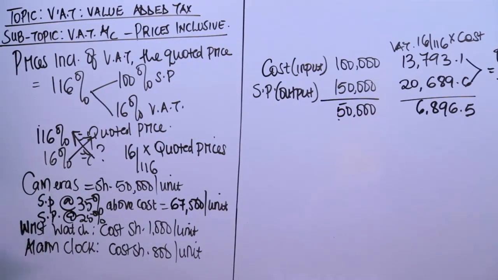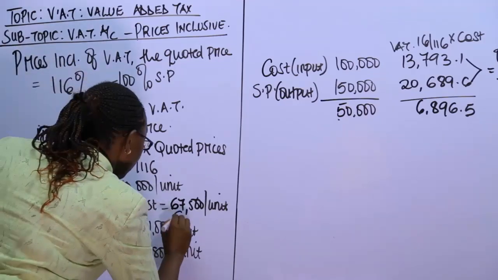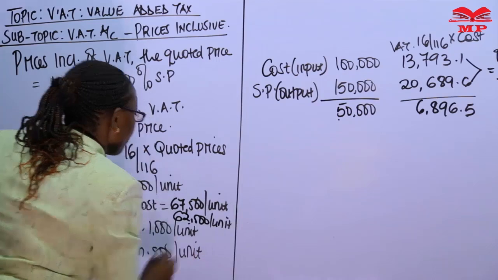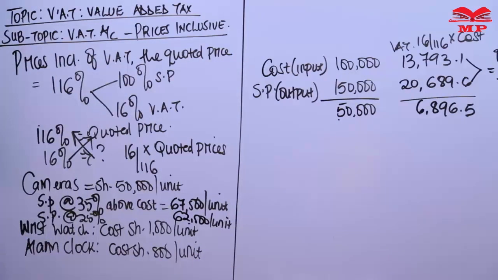So at 25%, we shall take 50,000, the cost per unit, times 125%. 100 being the cost, and then the profit of 25. So we get 62,500. So we are selling it at 62,500 per unit. That means we have reduced the prices as the time goes.